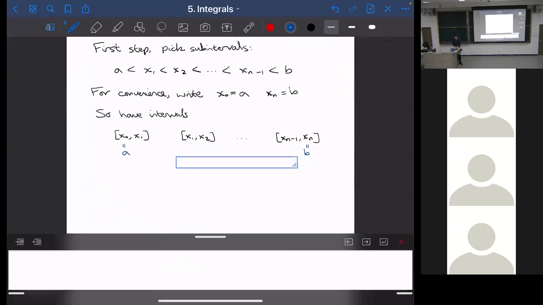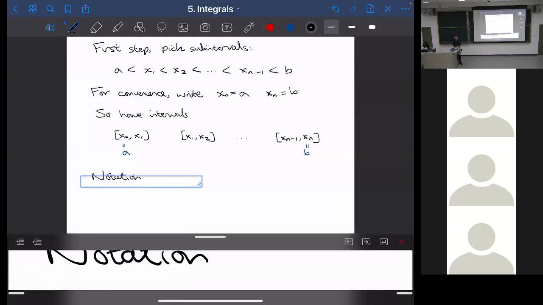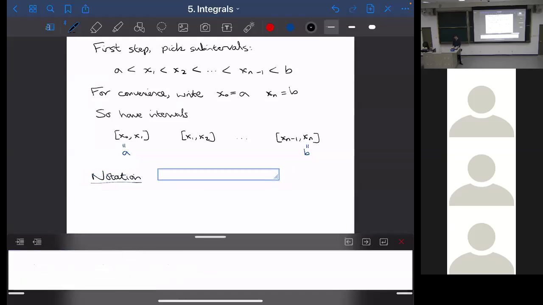So for this, we have some notation. We call this a partition of the interval into parts.